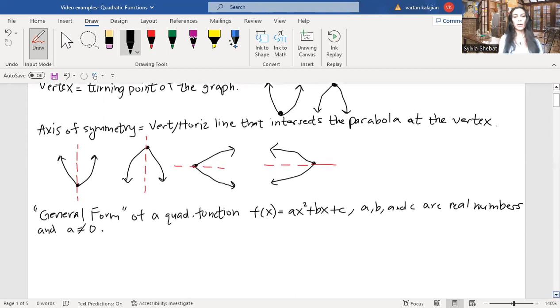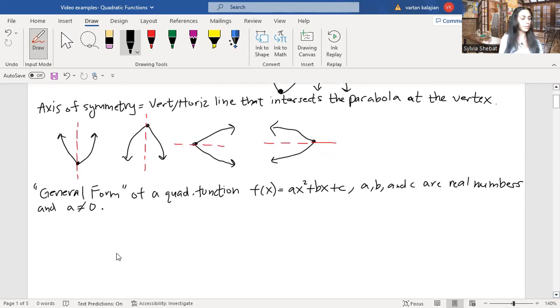So just a little bit more about this. In other words, if you have this parabola facing upwards like this, so in this case, when you have the function written down, the a would be greater than 0, which would mean that the a is positive. And I also want to add that we would have a minimum point.